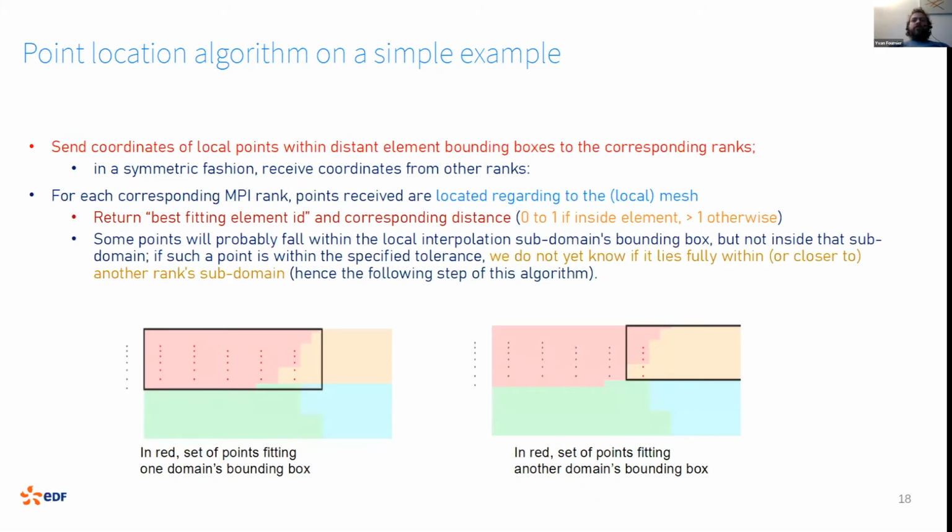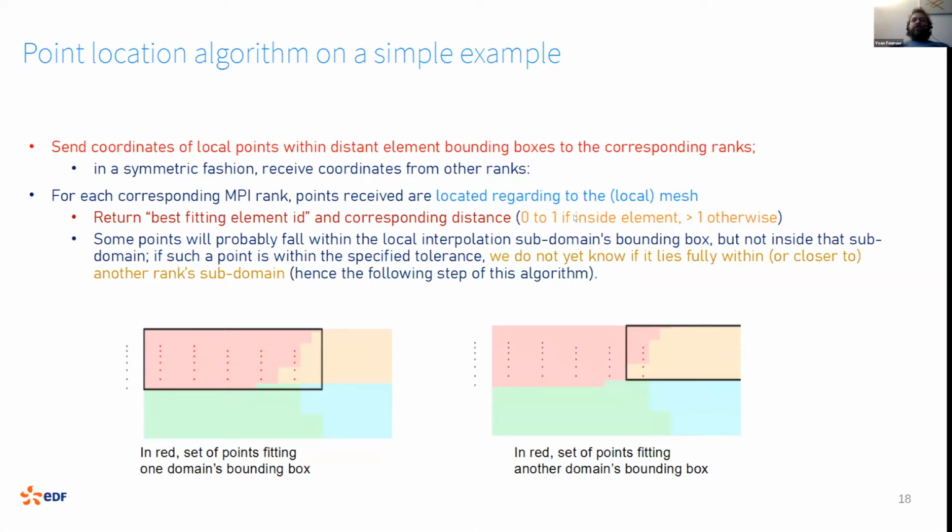And then we'll have a similar logic where we'll be sending coordinates of local points that are within the distant element bounding boxes to the corresponding ranks. Symmetrically, we receive coordinates from those ranks, and do a local point location. The local point location is what's done by callback. It's not handled by PLE. It delegates that to the code, and we just return the best fitting element ID.